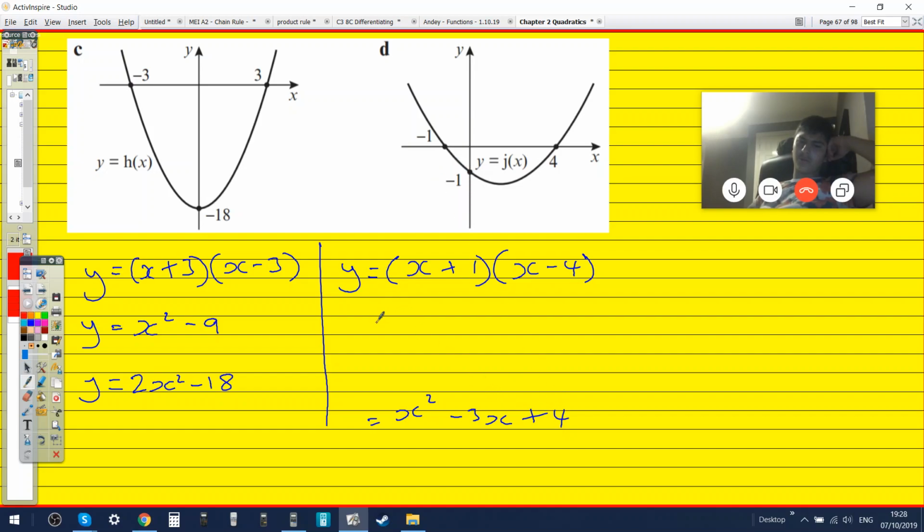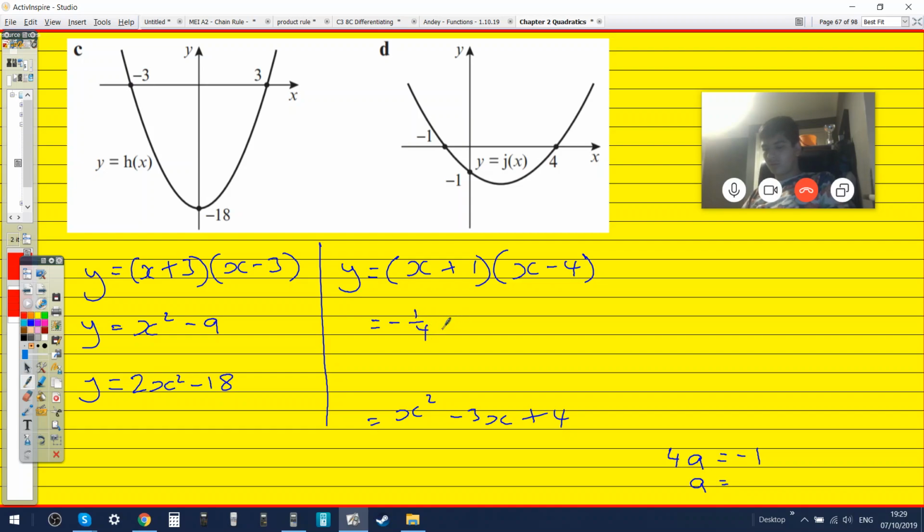And so what would we have to multiply everything by to get minus 1 instead? We would have to times that equation by minus 4. Oh no, well, 4 times what gives minus 1? Minus a quarter.